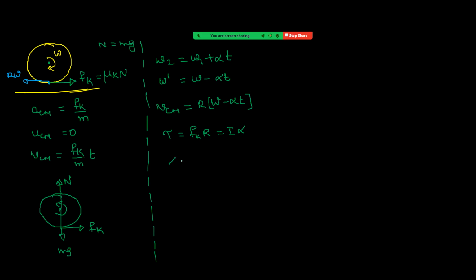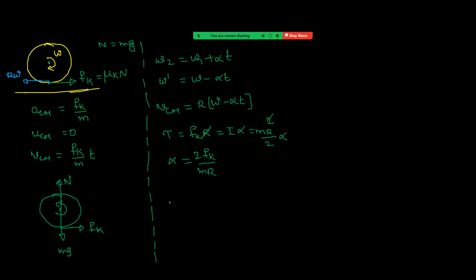Therefore, alpha is 2 Fk upon m r square. I'm writing here m r square by 2 into alpha. One r gets cancelled. 2 Fk by mr. Okay, it is 2 Fk by mr.